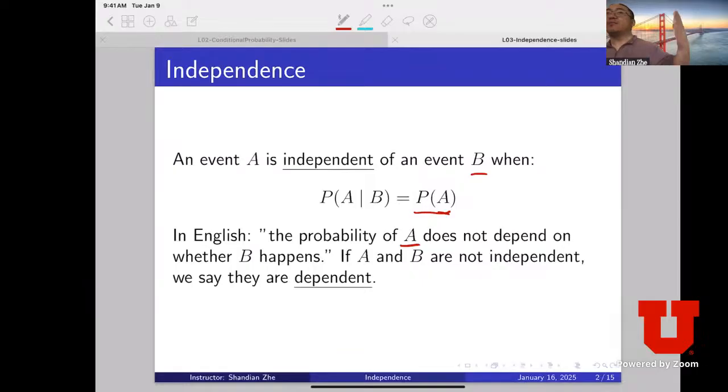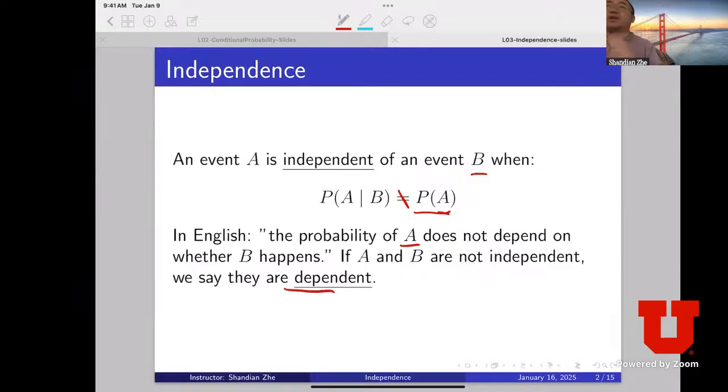So basically A and B are not related at all. Whether B happens or not won't have any influence on the chance that A happens. If it's not the case, that means this is not equal to P of A, then we say A and B are dependent.